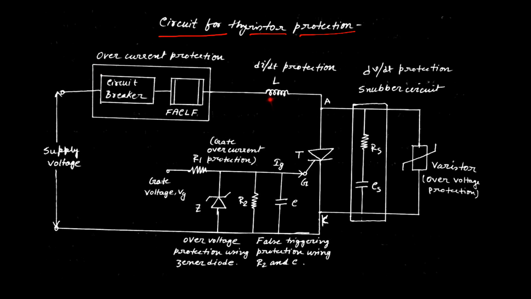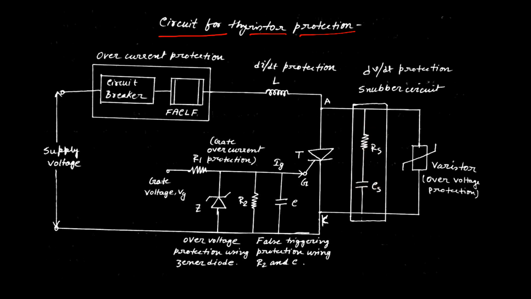Next is di/dt protection, in which a di/dt reactor is used. The third one is dv/dt protection, which is normally done by the snubber circuit. The snubber circuit means the resistance RS and the capacitor CS, both connected in series.